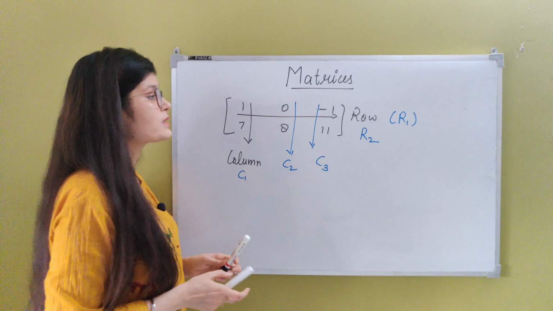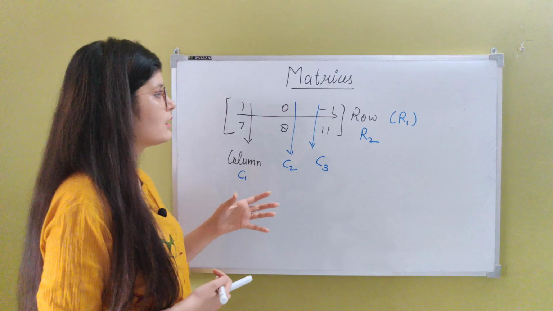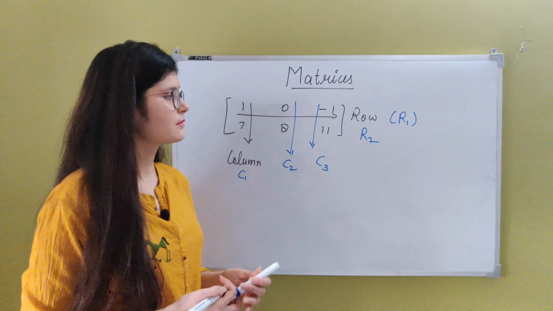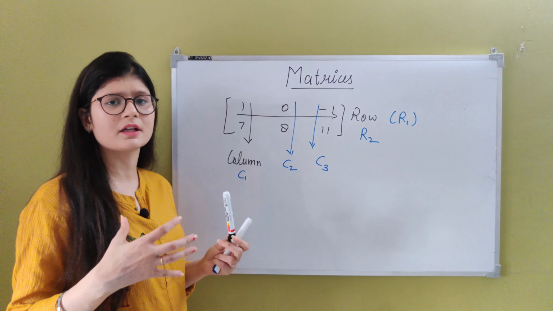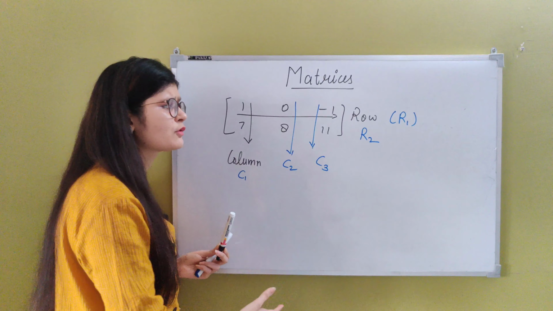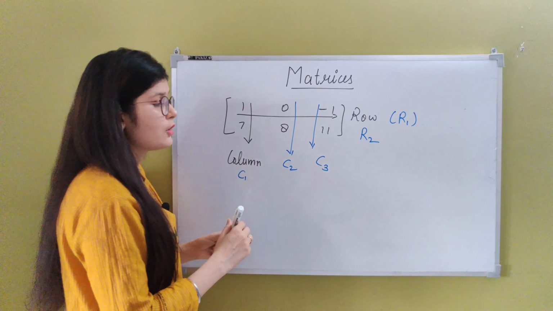So what will be the order of the matrix? As in how many rows and how many columns there are, how will you decide the dimension, the size of the matrix?